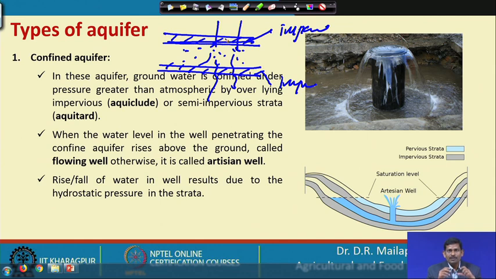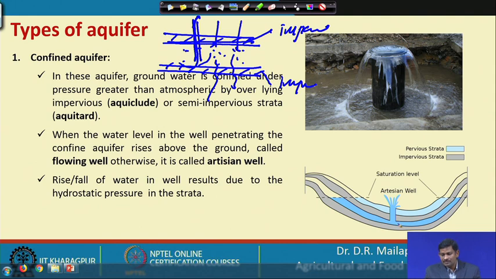That means the saturated stratum is under pressure. So definitely if you drill a hole into that, or put a well into this, water will penetrate and come out like a jet.